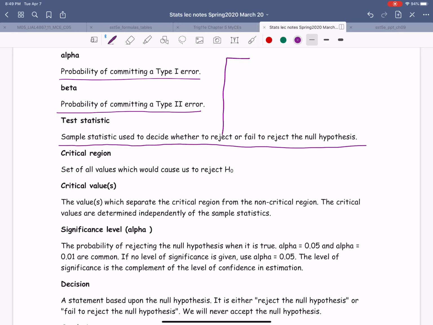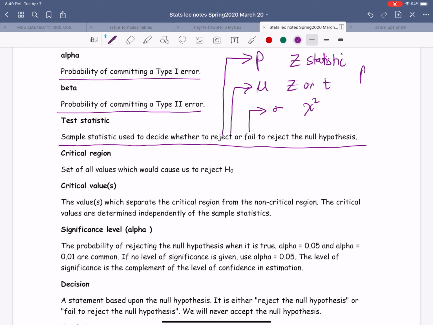For proportion problems, our test statistic would be the z test statistic. For the mean problem, we would have z or t, depending on if sigma is known or unknown. For standard deviation problems, we would have a chi-square test statistic.